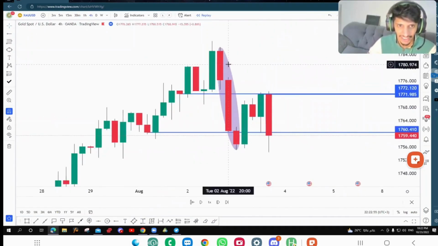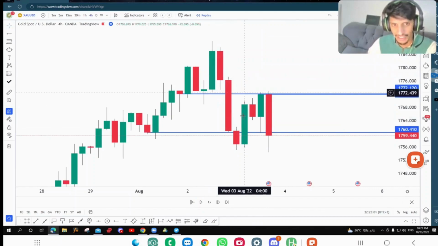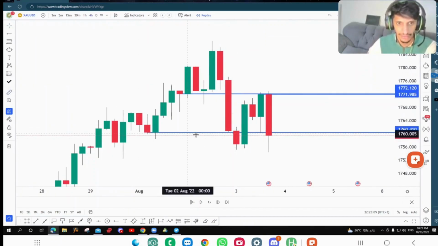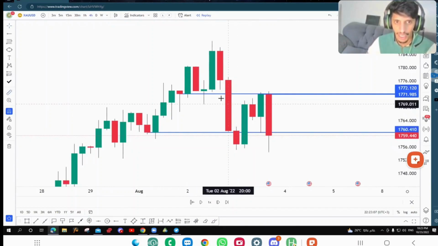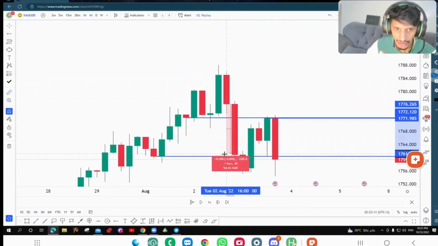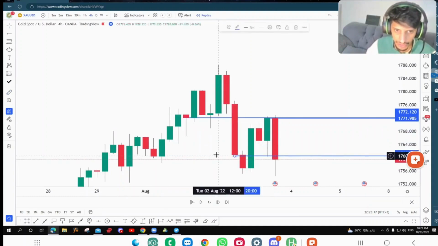Now you don't need to take 100 or 300 pips in one day, like at the beginning. If you see this big candle on 4 hour, and you go to 5 minutes, let me mark the low of this one.